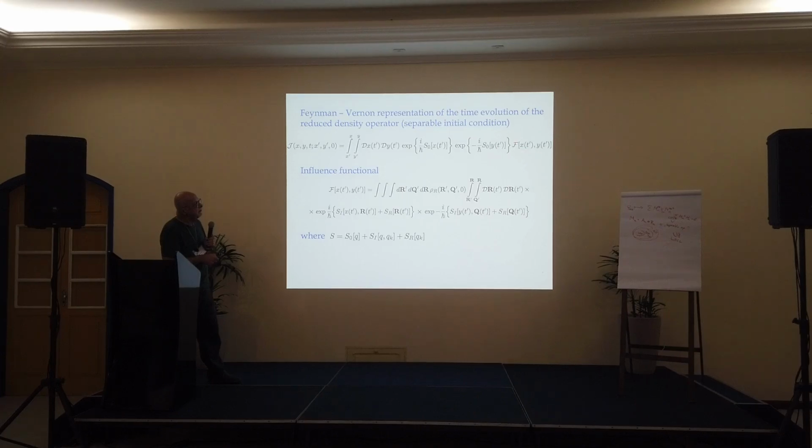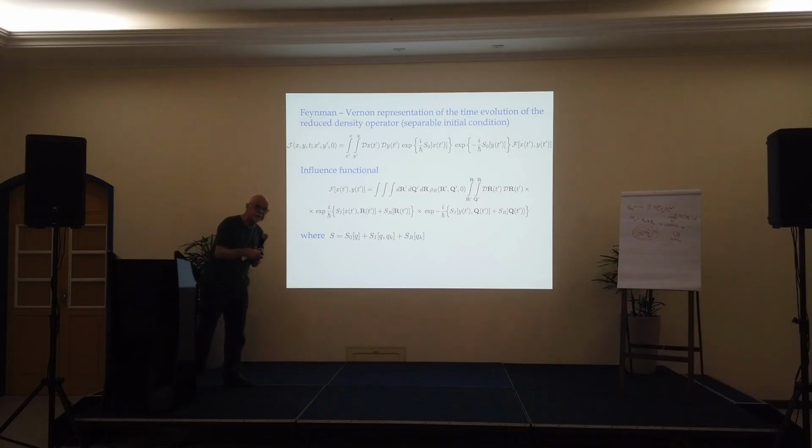And then there is this functional, which we call the influence functional. This guy couples the two histories for the system, one for the time evolution of the cat, and the other for the time evolution of the frog.